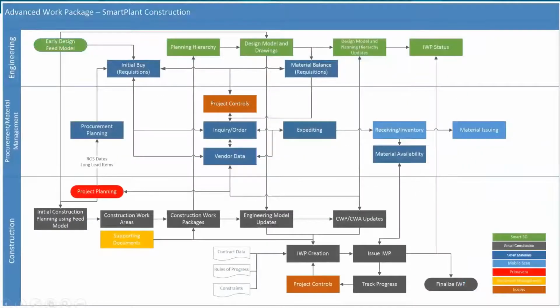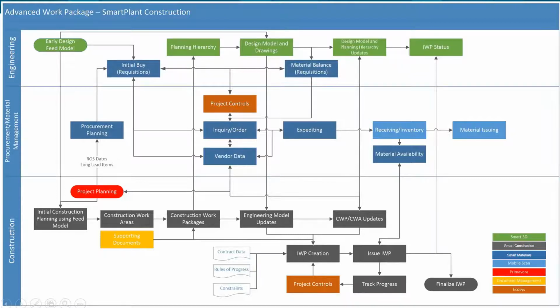Okay, so when we look at this in a more in-depth arena, if you look at the legend on the bottom right, the color coding is related to which tools Hexagon PPM provides the functionality for the activities that are occurring. So we have Smart 3D in the early design and engineering.